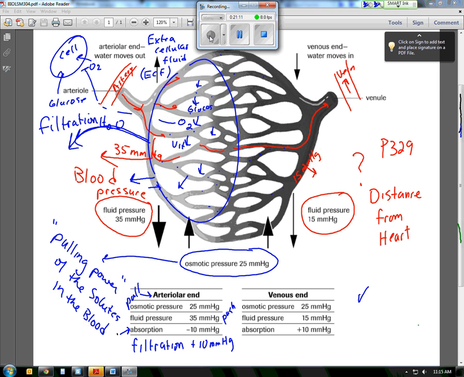So on the other side of this capillary bed, on the venule side, you can see that something slightly different is happening. Notice that the osmotic pressure isn't changing, so there still must be some solutes in the blood that are creating this pulling. But look what's happened to the fluid pressure.